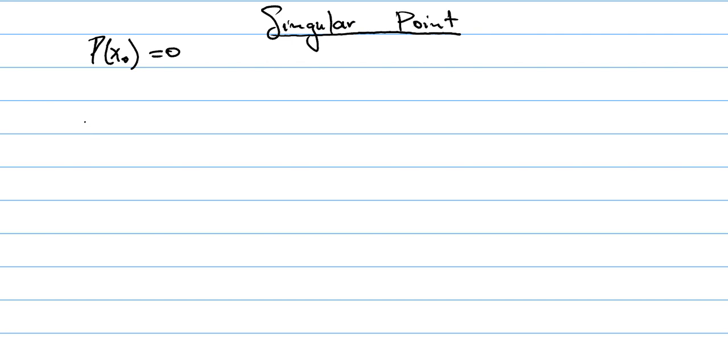So we have a singular point. We said p of x naught should be equal to 0. Now the most important part is to identify if it is a regular singular point or an irregular singular point.